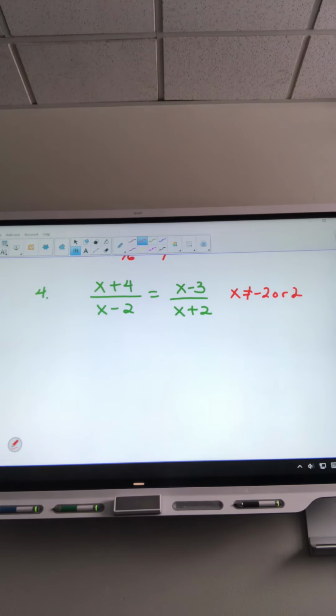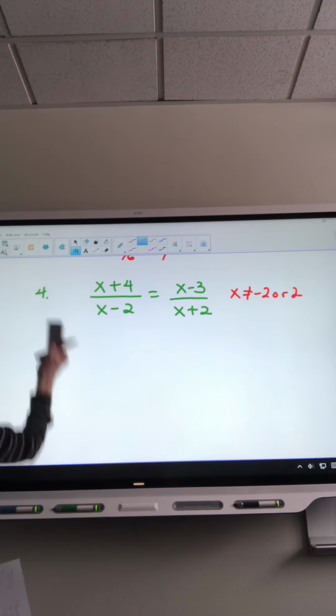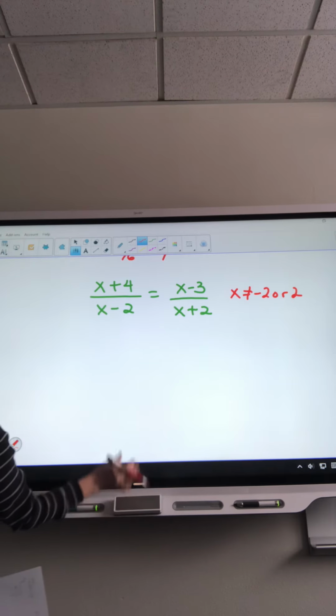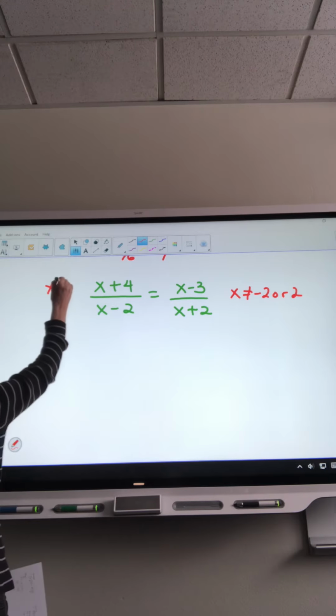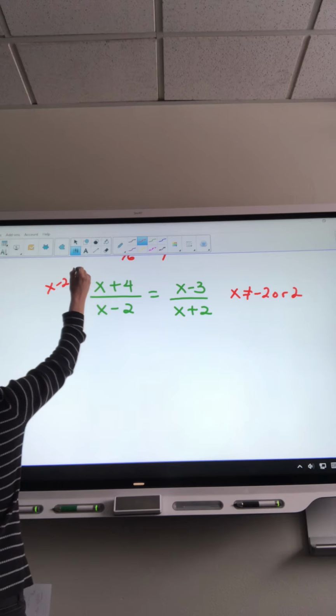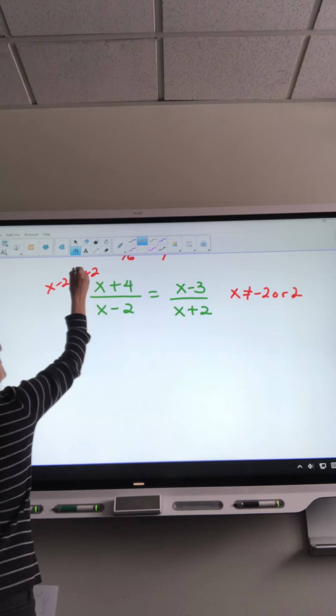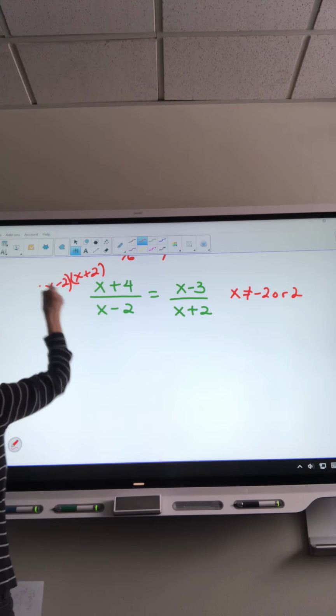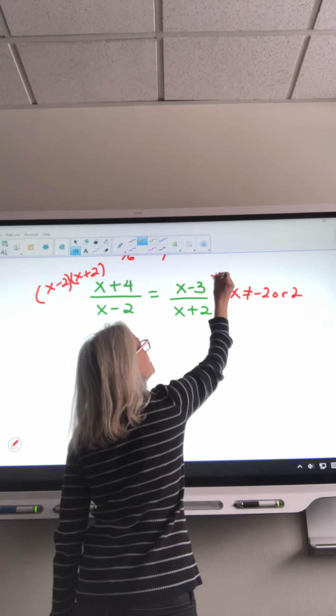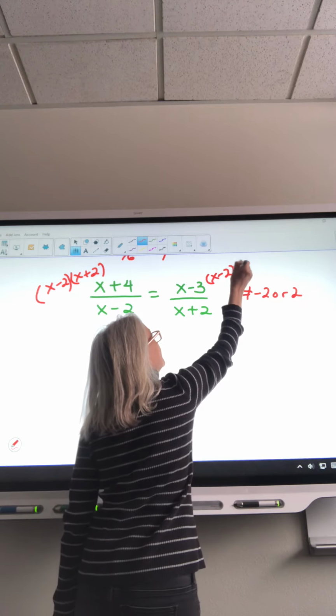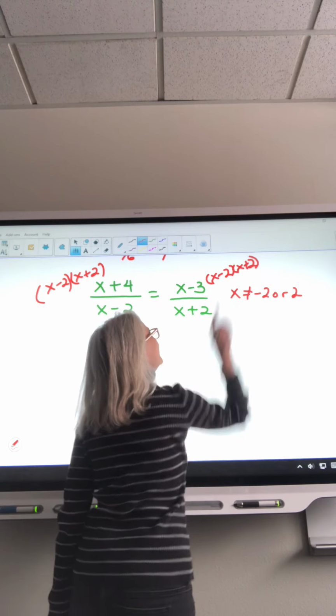All right, so we need to now find our common denominator, which I guess we already talked about. It's going to be x minus 2 and x plus 2. So we get x minus 2, x plus 2. Okay.